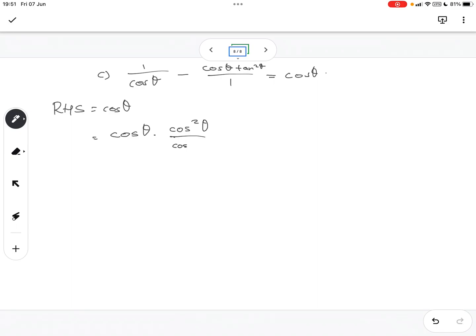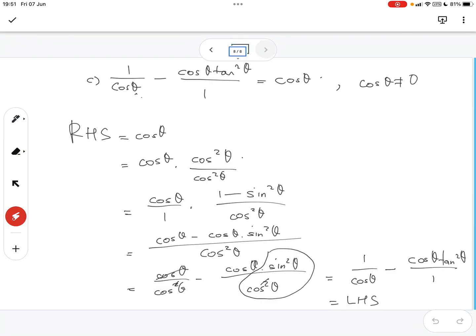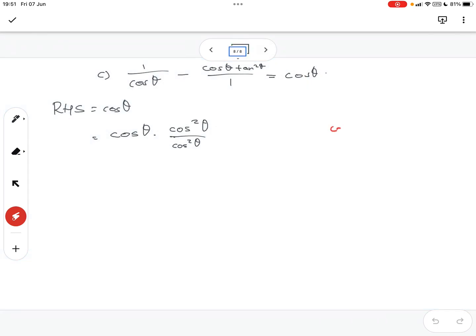Alright. So then we say cos theta is the same as cos theta multiplied by cos squared theta over cos squared theta. Remember that step, it's this one here on slide 7.